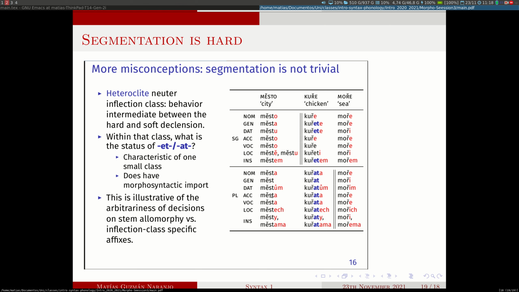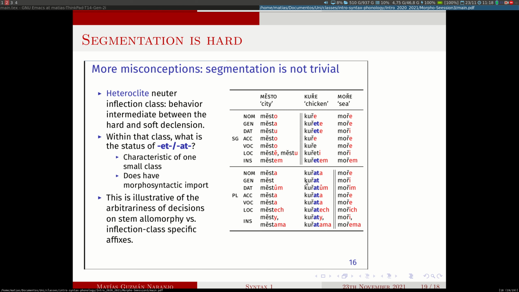Now, this situation where part of the paradigm of a word is identical to part of the inflection class of a different one, and the other part of the paradigm is identical to a different inflection class. So the singular is identical to the inflection class of morze, and the plural is identical to the inflection class of miasto.